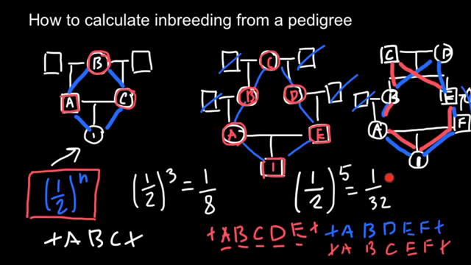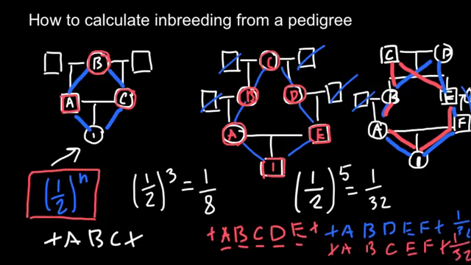So our calculation would be 1 over 32 for the blue pathway. And as for the red pathway, we also have 5 nodes. So this is going to be A, B, C, E, F. So once again 5 nodes, and this also gives us 1 over 32.